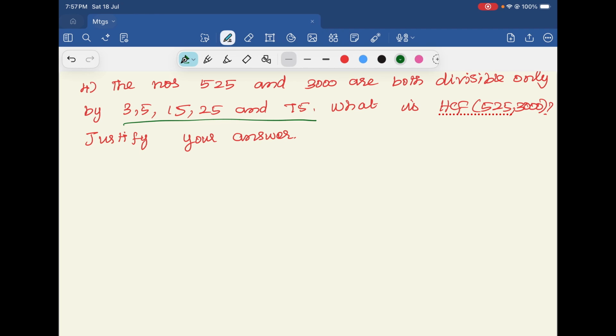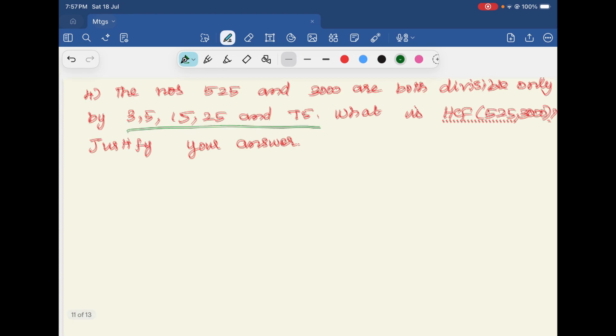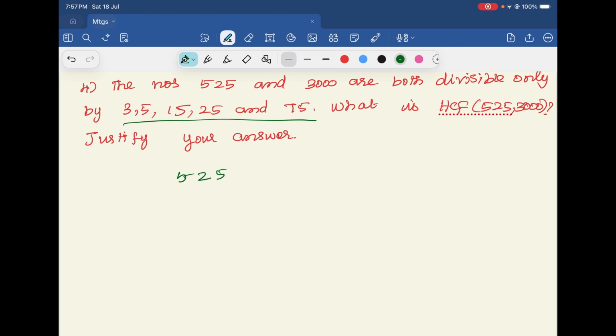So first we have to find the HCF. Both these numbers are divisible by 3, 5, 15, 25 and 75.